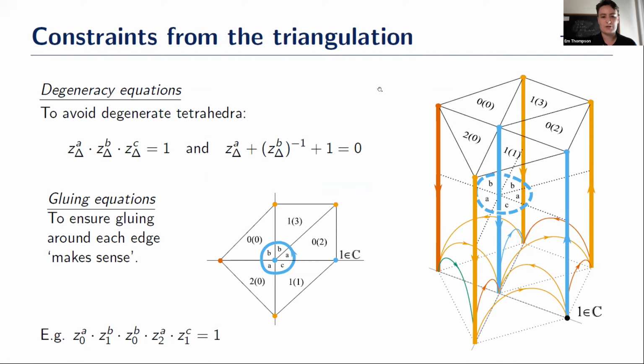If we want a geometric triangulation, one that has a valid hyperbolic structure, then we definitely don't want any flat tetrahedra. These are degeneracy equations, a technical condition that means we never get flat tetrahedra. We just pick them up and carry them along. They're important, but I won't say too much more.